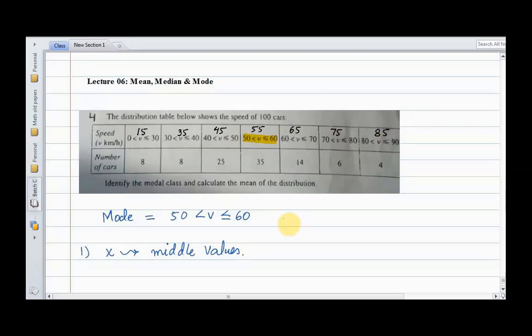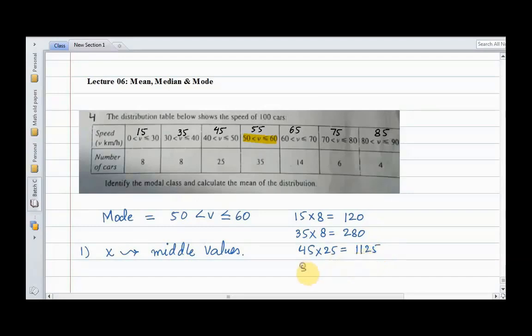So for the first, it will be 15 multiplied by 8, which is 120. For the next, it's 35 multiplied by 8, 280. After that, 45 multiplied by 25, 1,125.